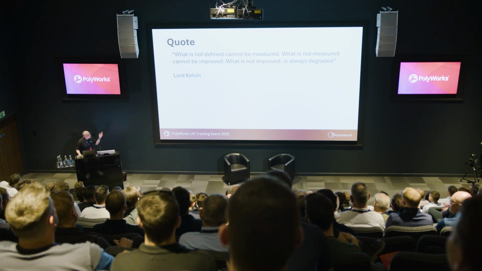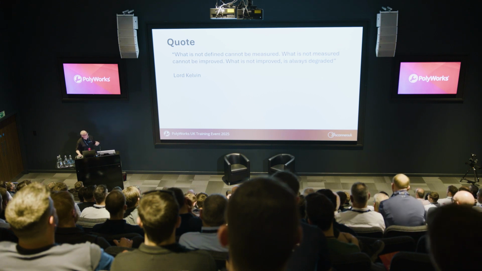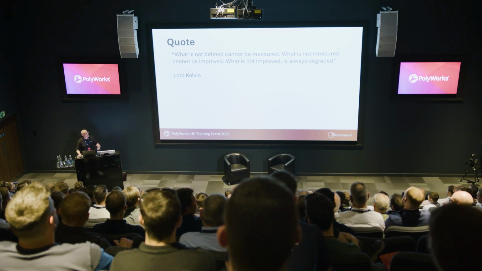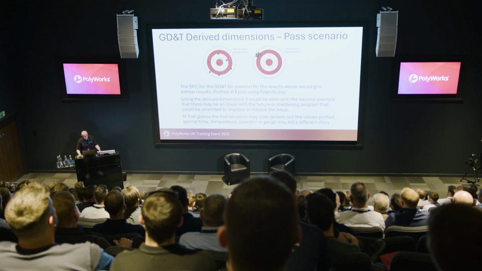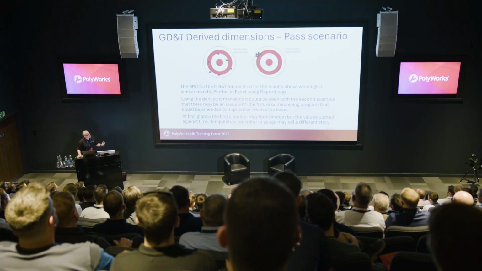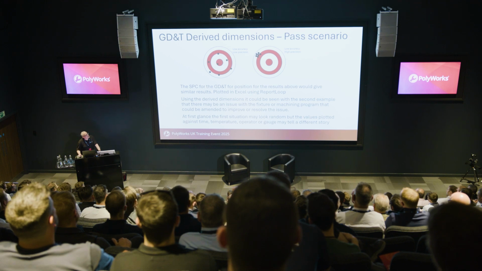So with this, what I'm saying is that the intention of this is partly to make sure that when something fails, we know what's happened. But we can also use this when we've got a past scenario. So in the situation here, if we chart the position using the derived dimensions, we could do this using Excel and the report loop plugin for Inspector or Data Loop.